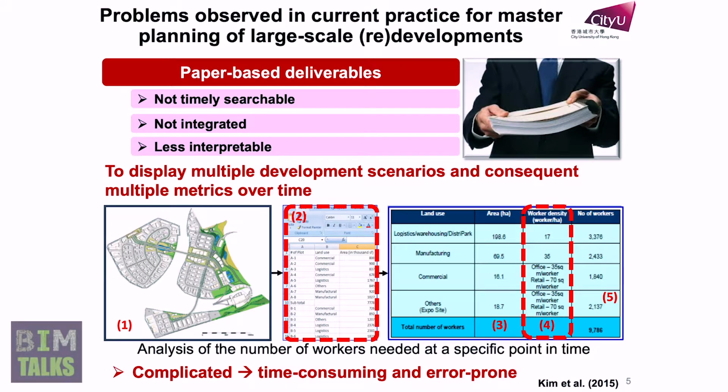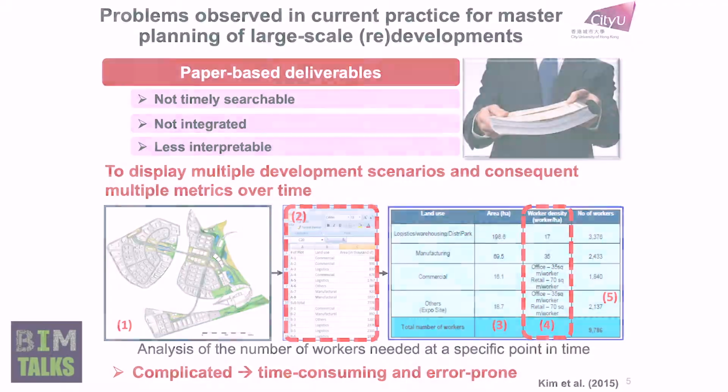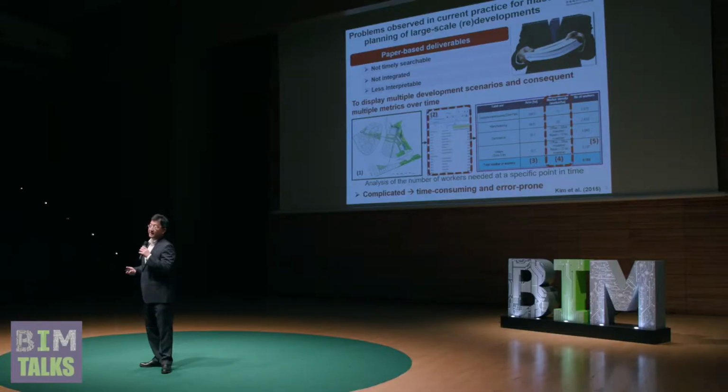This is just one case: one performance metric for one development scenario. That means if we want to consider multiple scenarios and multiple performance metrics at multiple points in time, it will be very complicated, time-consuming, and also prone to error.